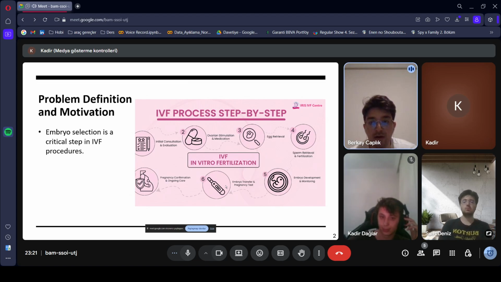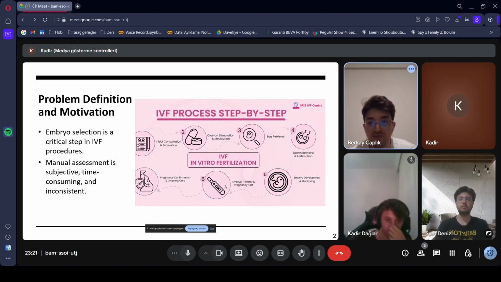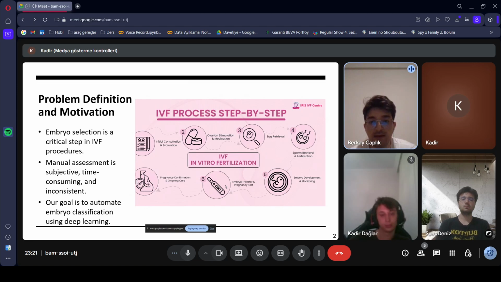The problem we are addressing in this project lies within the field of in vitro fertilization, or IVF. In IVF procedures, selecting the most viable embryo is critical to increasing the chance of a successful pregnancy. Currently, this selection is done manually by embryologists based on visual inspection of the microscopic images.